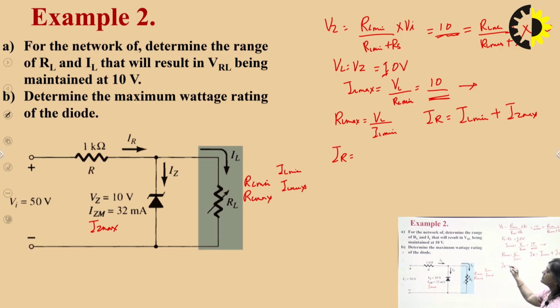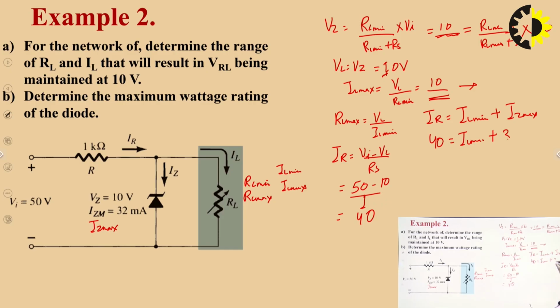IR we can find by VI minus VL upon RS. So VI is 50, VL is 10, RS is 1. So this will be 40. So 40 is equal to IL minimum, which we have to find out, plus IZ max, which is 32. So IL minimum would be equal to 8 milliampere.